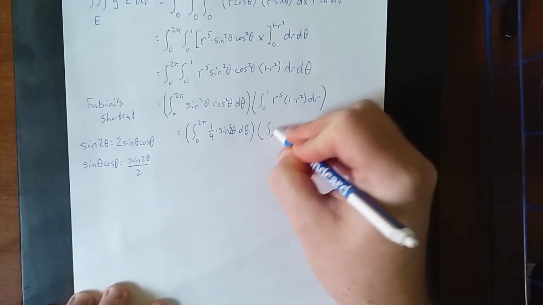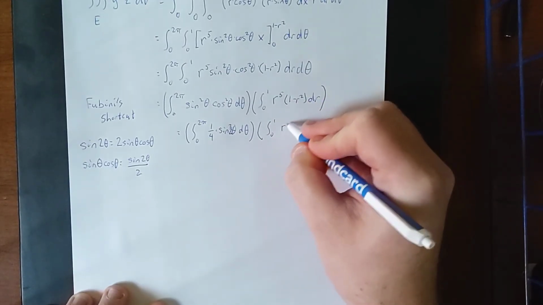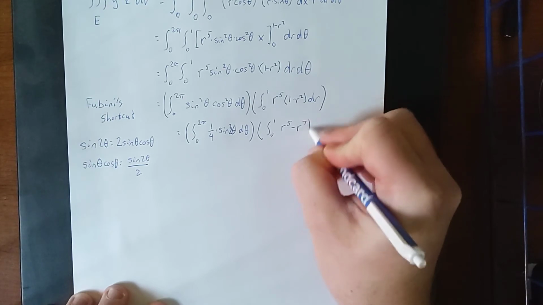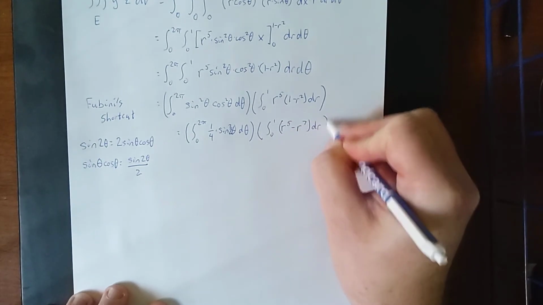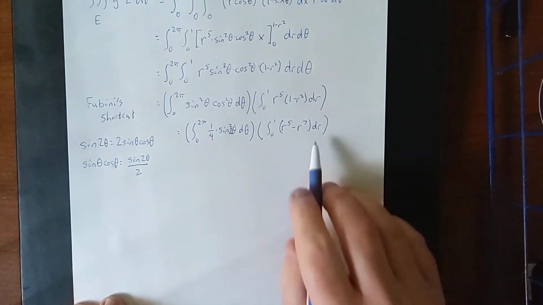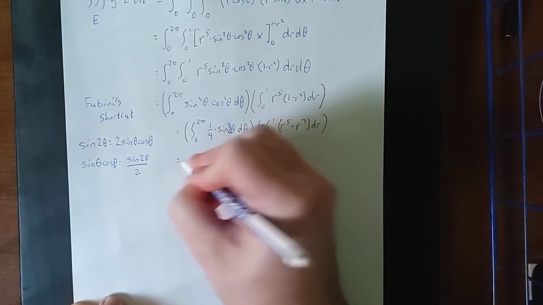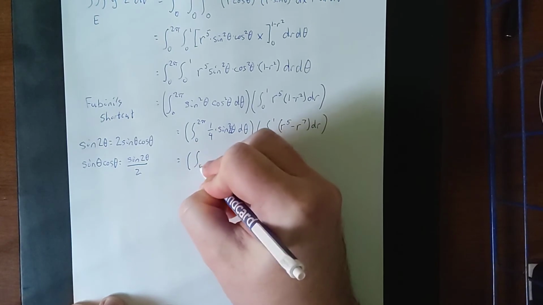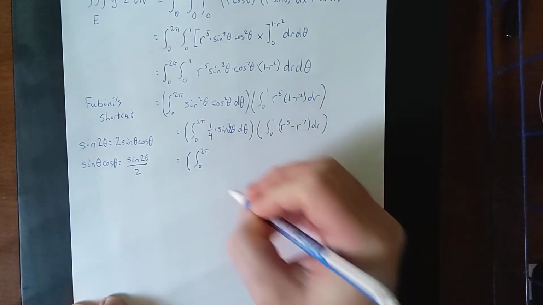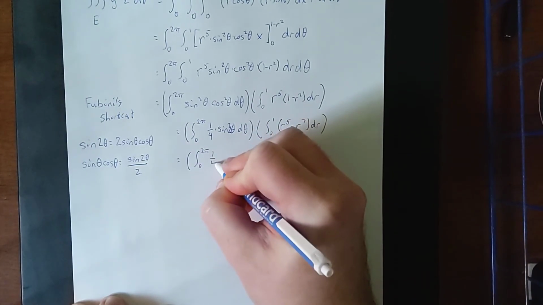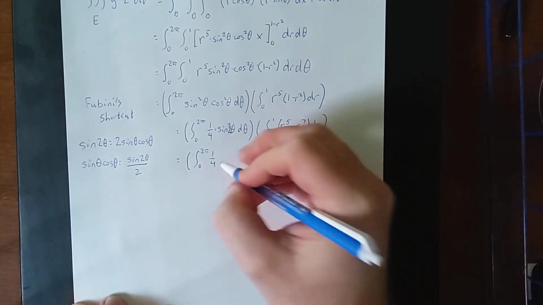Over here, distributing the r to the 5th power will give us r to the 5th power minus r to the 7th power, dr. That's ready for some power rule. This one's actually ready for another power reducing identity. Definite integral from 0 to 2 pi. We'll take the 1/4, leave it out front, and apply the power reducing identity to our sine squared.